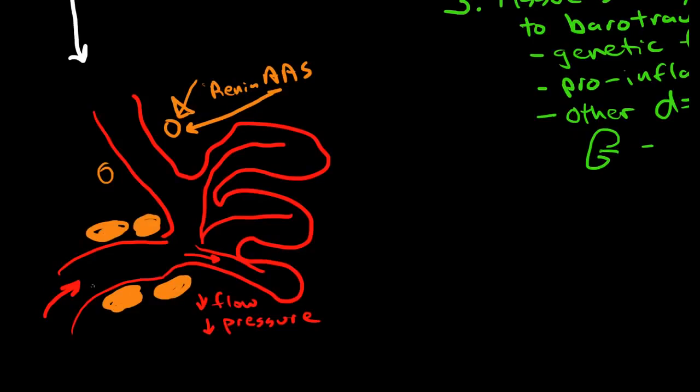However, as pressure forces continue to be exerted on the wall of the vessel, we start to cause barotrauma, trauma from pressure, both on the endothelial cells and on the smooth muscle cells.